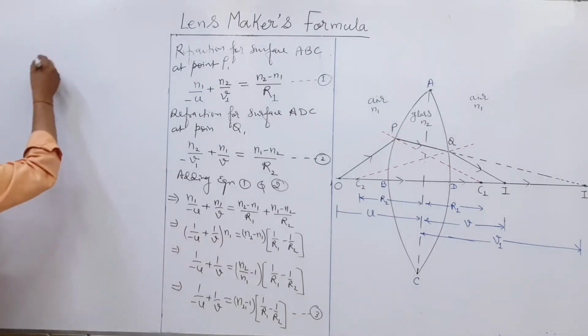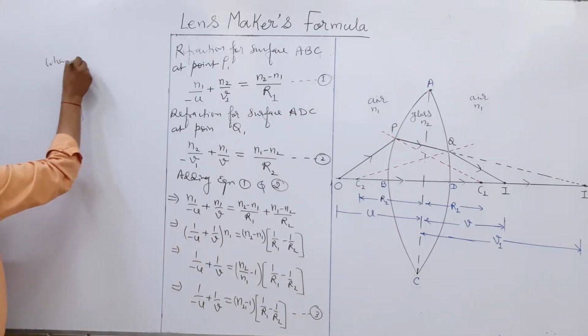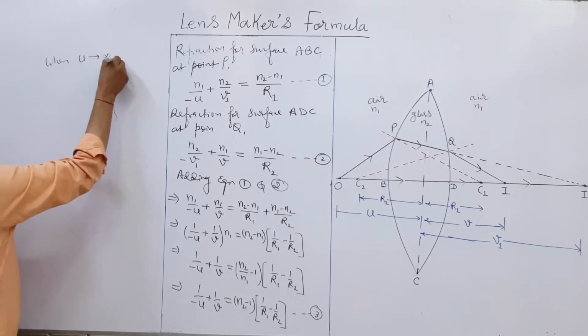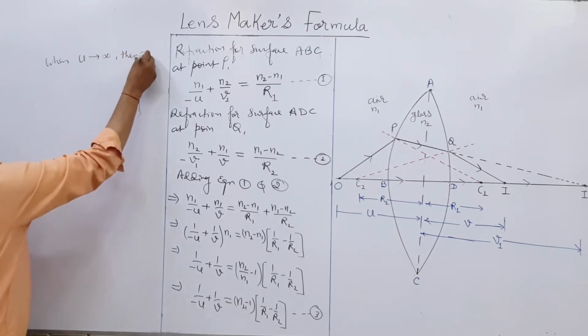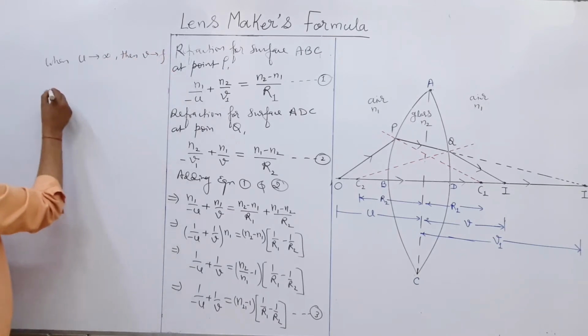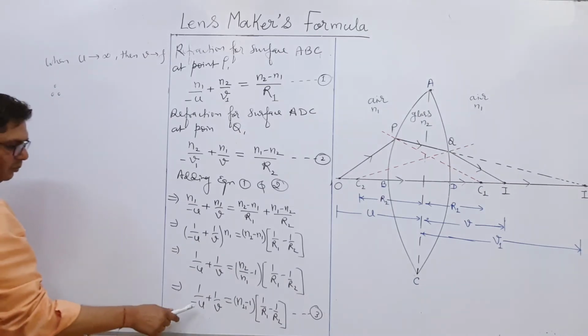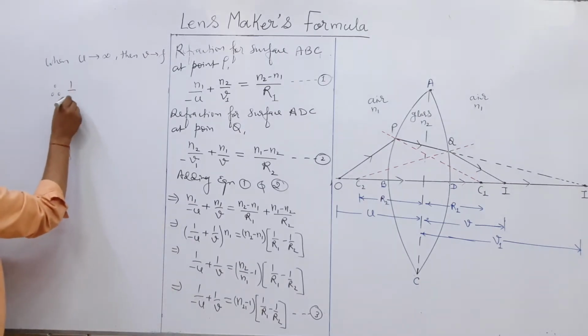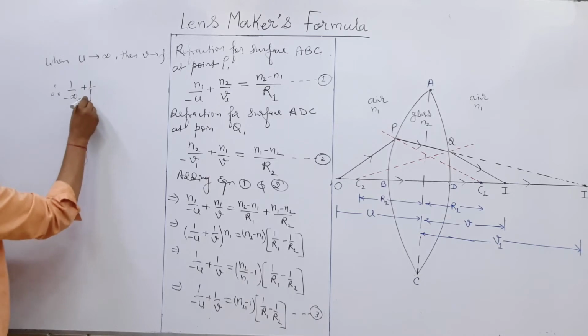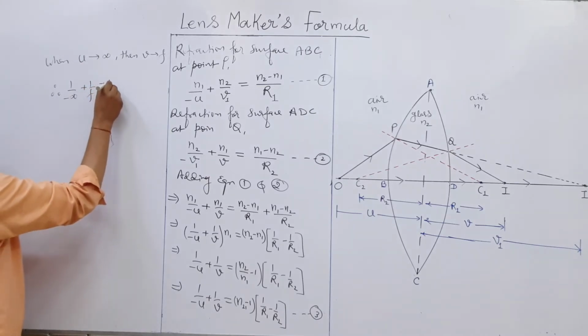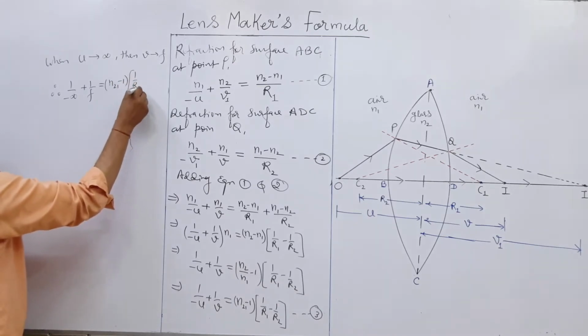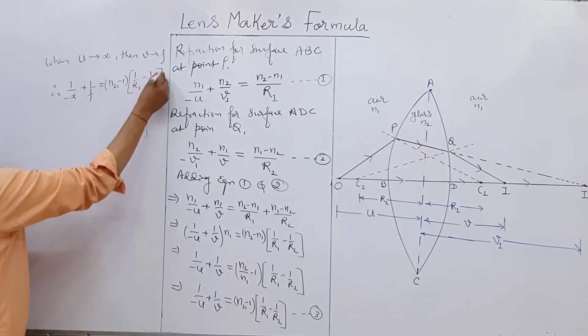So when U tends to infinity, then V tends to focus. Therefore we have 1 by minus infinity plus 1 by F is equal to n21 minus 1 under the bracket 1 by R1 minus 1 by R2.